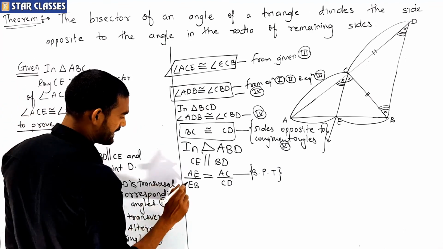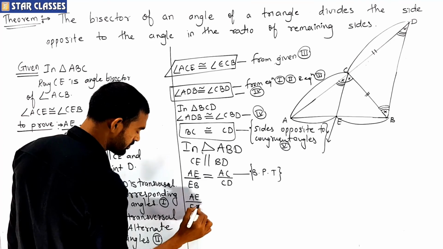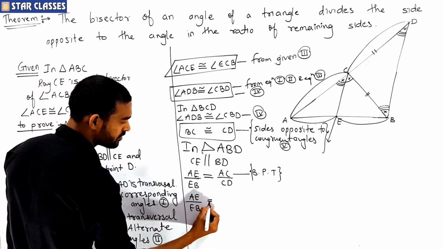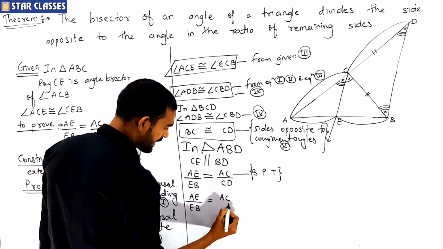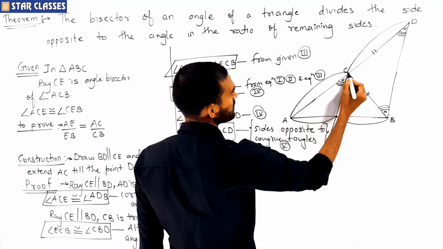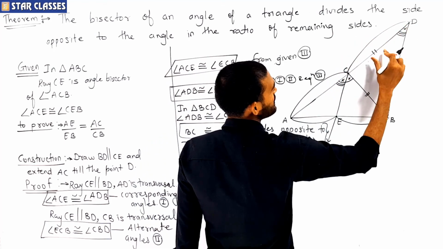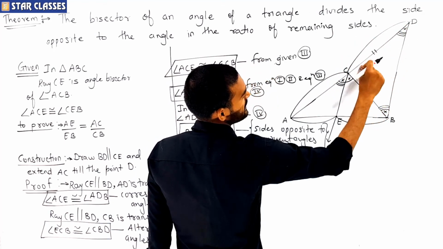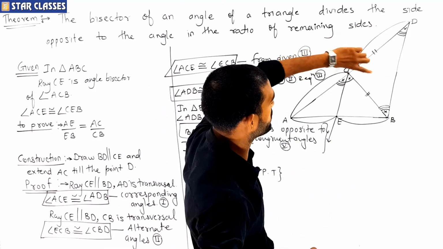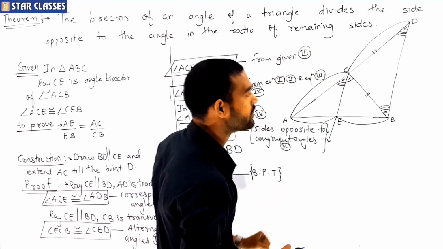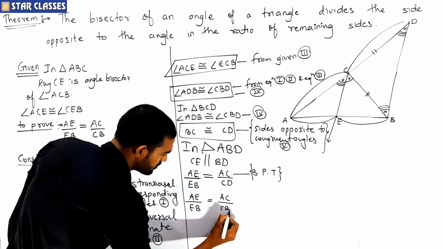We know that AE upon EB we will keep as it is. Here, AC as it is. And instead of CD, what do we know? CD is also equal to CB. Both are equal, so we can replace CD with CB.